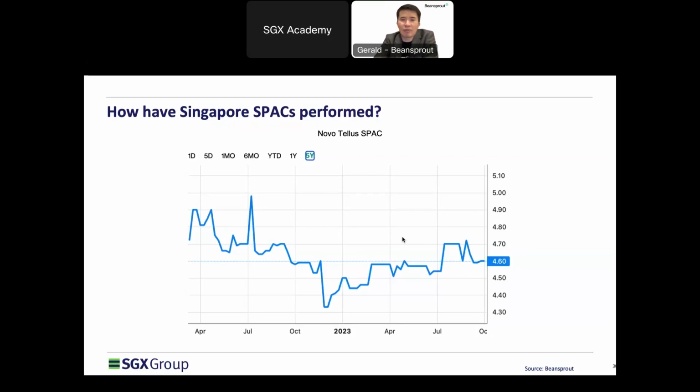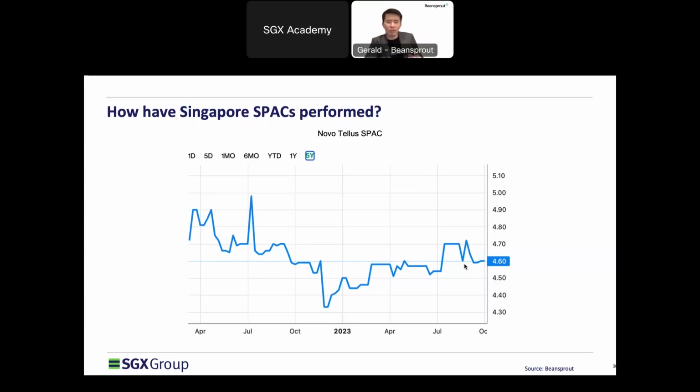Okay, last but not least, we've got Novo Teller SPAC. Effectively, what we see here is quite similar to what we see for Pegasus SPAC. Weakness in 2022, a bit of recovery in 2023, but still hovering at about the 460 levels. Once again, because they have not made any announcement around a potential business combination.